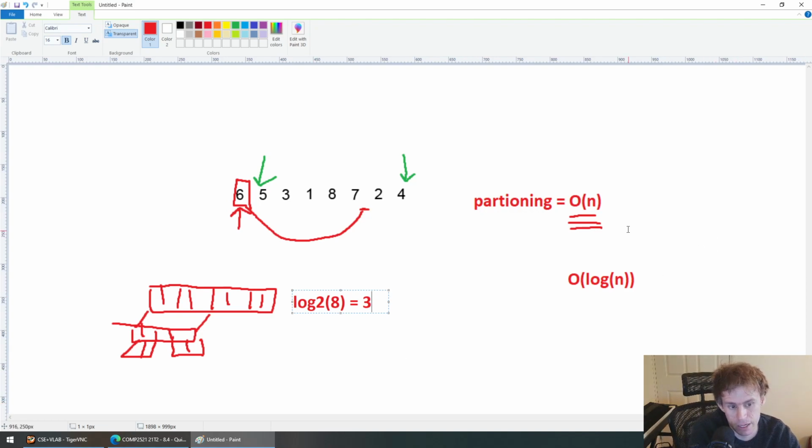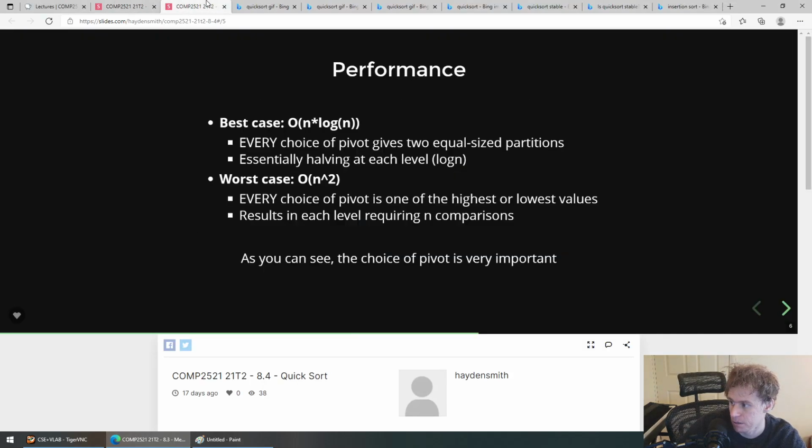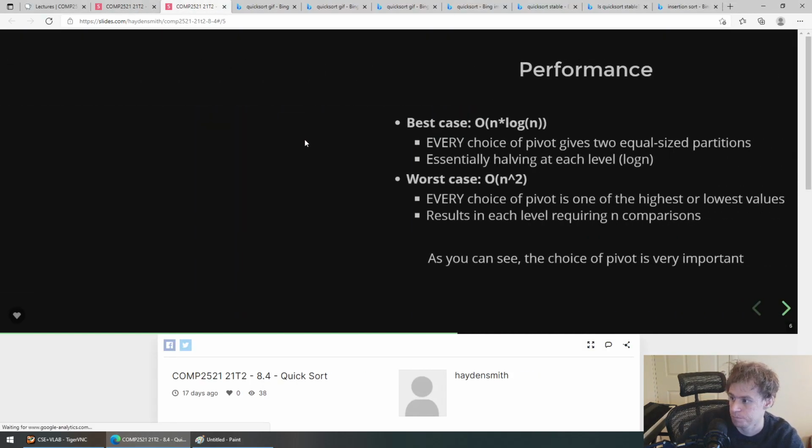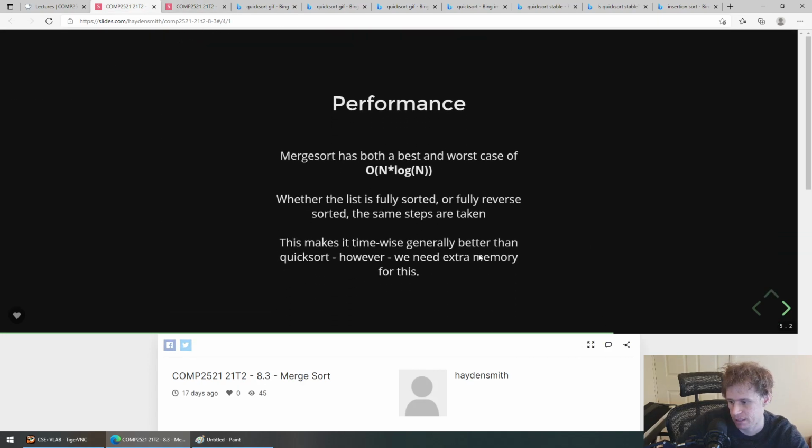Because it is recursive and it does divide things equally in the best case, the overall complexity is n log n, because there's the cost of O n, which is the partitioning, and then there's the cost of O log n, which is the number of times you have to partition. Because every time you make another recursive call, you have to partition. I want to point you back to the merge sort diagram I made you, which I did in Paint yesterday.